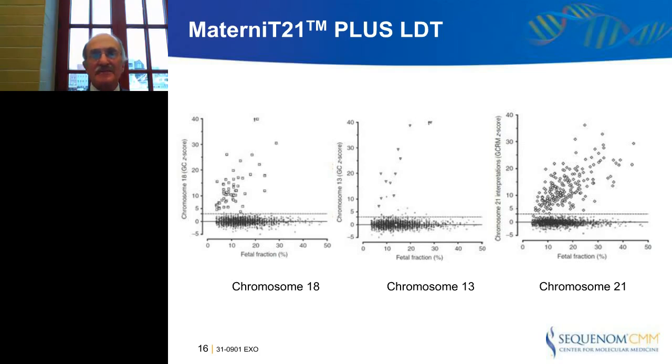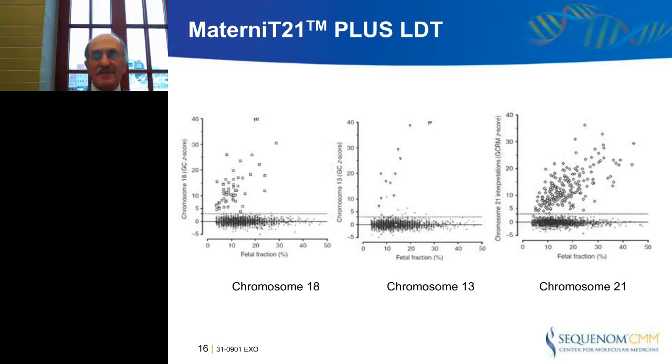And what you can see is that some of these pregnancies obviously have an overrepresentation of chromosome 21 or 13 or 18. I want you to notice that we don't look at women with less than 4% fetal DNA, and that in general, there's a pretty good correlation between the amount of fetal DNA and the strength of the statistical deviation, exactly as there should be. Okay.